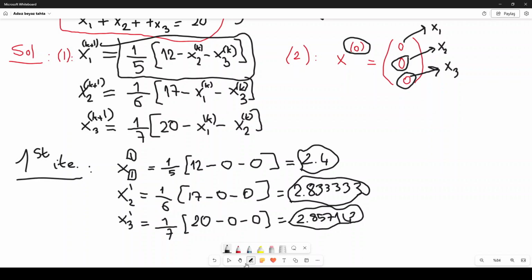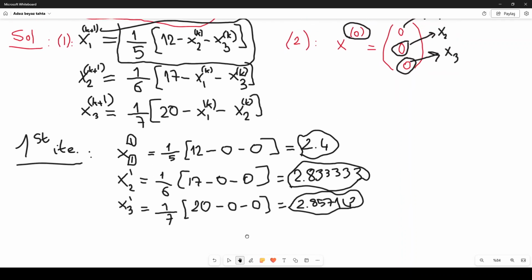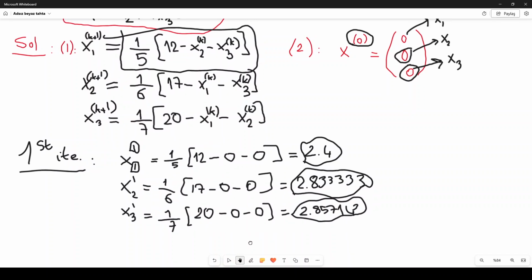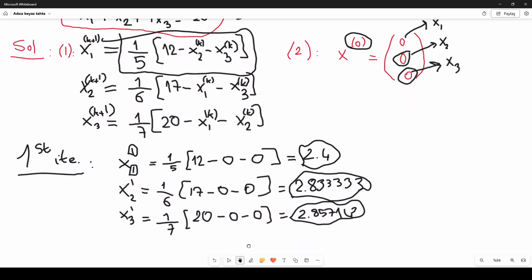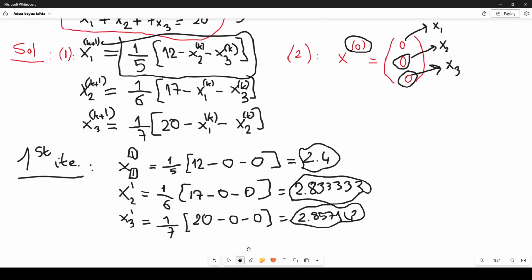Alright guys, now we are at the end of the first iteration. How do we understand that we are done with the first iteration? It is simple. We put the values of the initial guess for each unknown variable and find the new values of each unknown variable. When we have found all of the new values for the unknown variables, we are done with the first iteration.